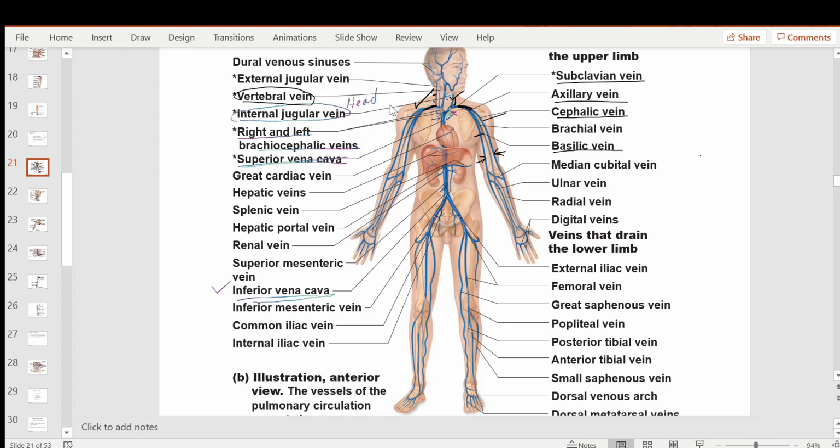So internal jugular and vertebral mainly bring the deoxygenated blood from the brain. And cephalic and basilic are two superficial veins of your upper limb.